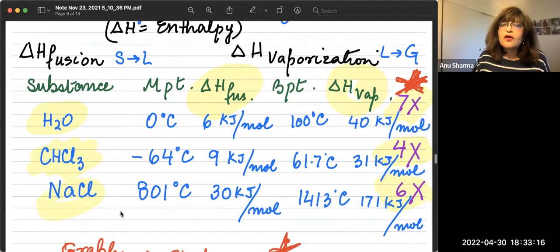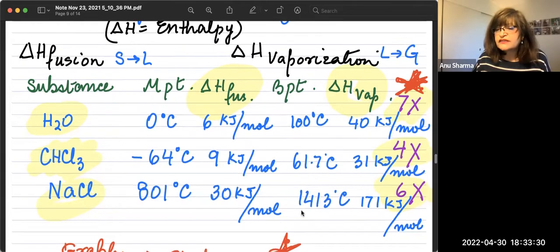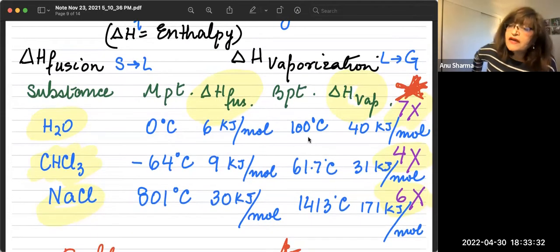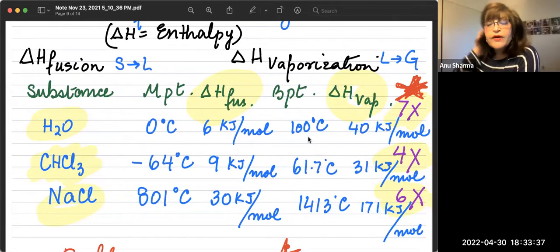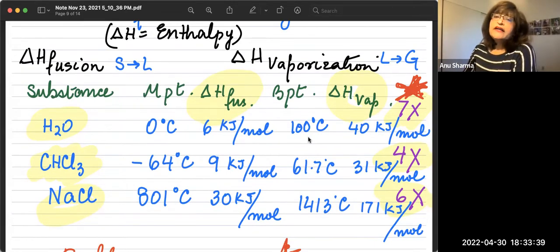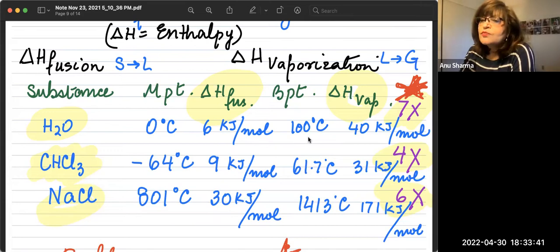But look at this now. Water, 6 times 7 roughly is about 40 kilojoules per mole. The boiling point of water is 100, chloroform 61.7, and sodium chloride is 1413 degrees Celsius. So for water, the boiling point is 100, and its heat of vaporization is 7 times more, so it's 40 kilojoules per mole, roughly in that range.